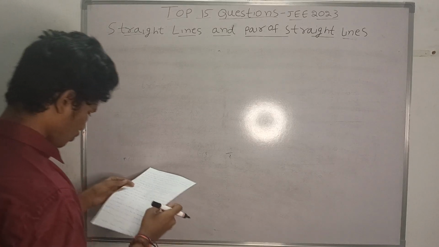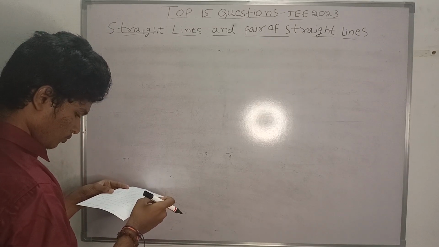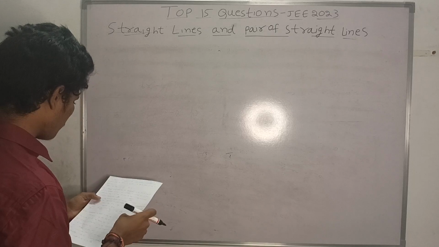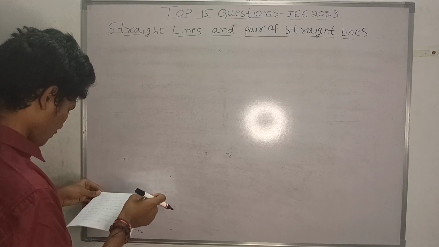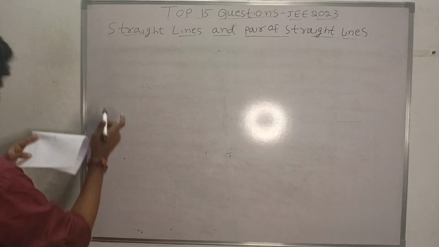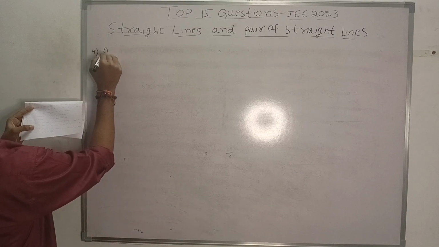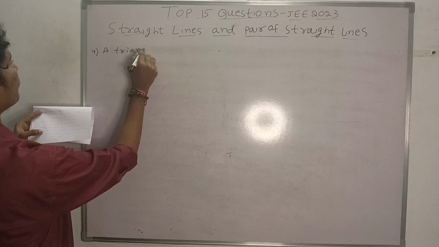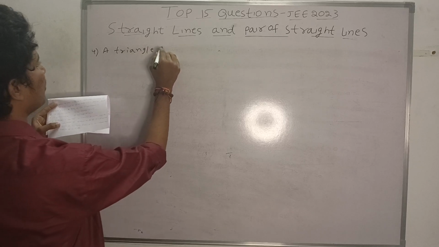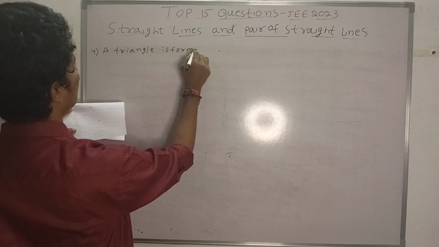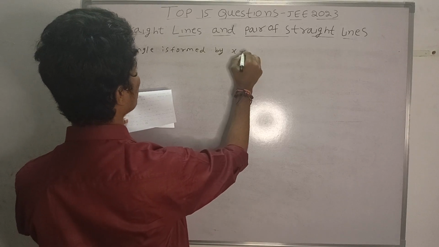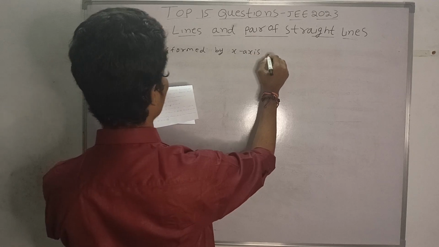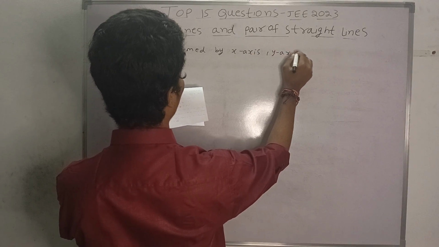And now, fourth question is, a triangle is formed by the x-axis, y-axis.